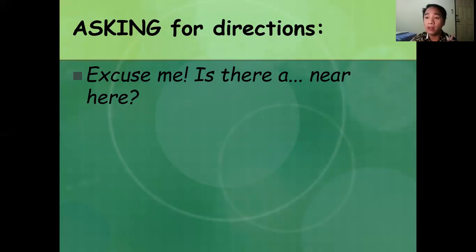Excuse me, you always start with the excuse me. If you ask someone, you have to be polite. So you have to say, excuse me, is there a, for example, what place near here? Is there a mall near here? So you should ask that way. Don't forget to say, excuse me, is there a mall near here? Or is there a hospital near here?